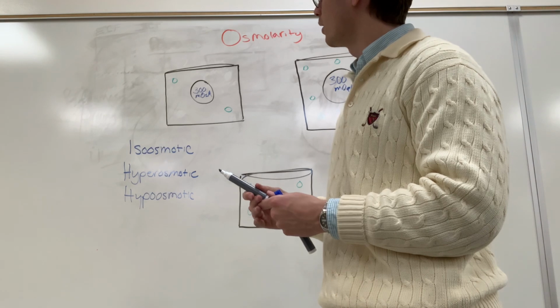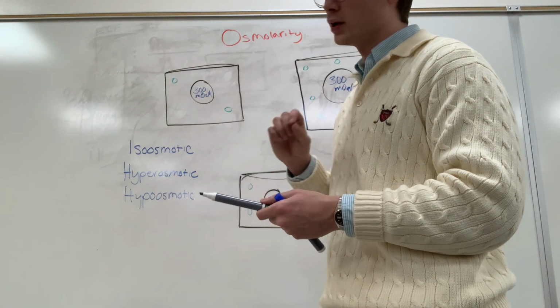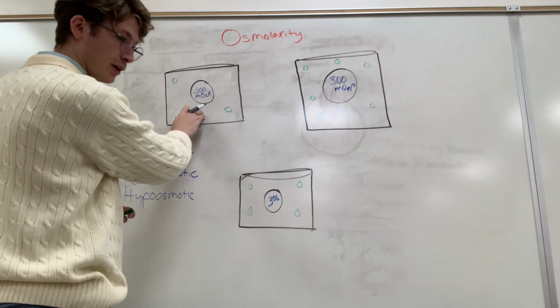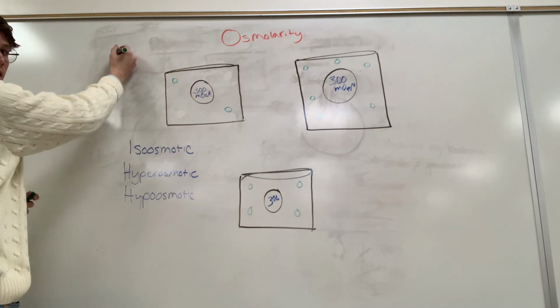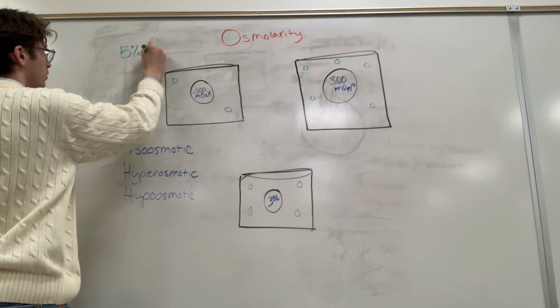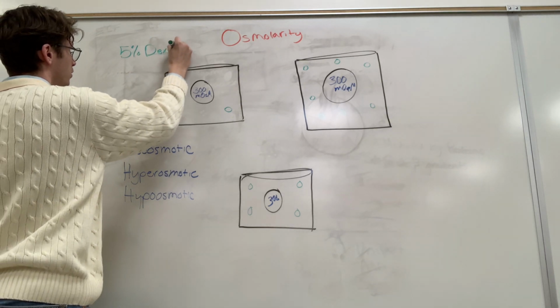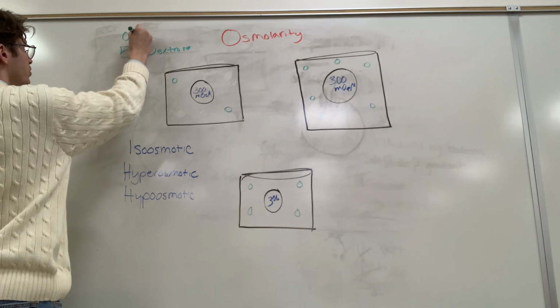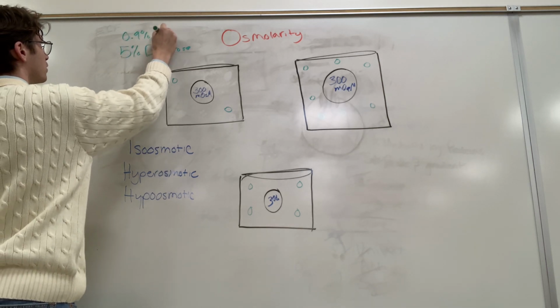And we have figured out the amount to put in these IV bags to match the osmolarity of our cells. And that would be a 5% dextrose solution, and a 0.9% saline solution.